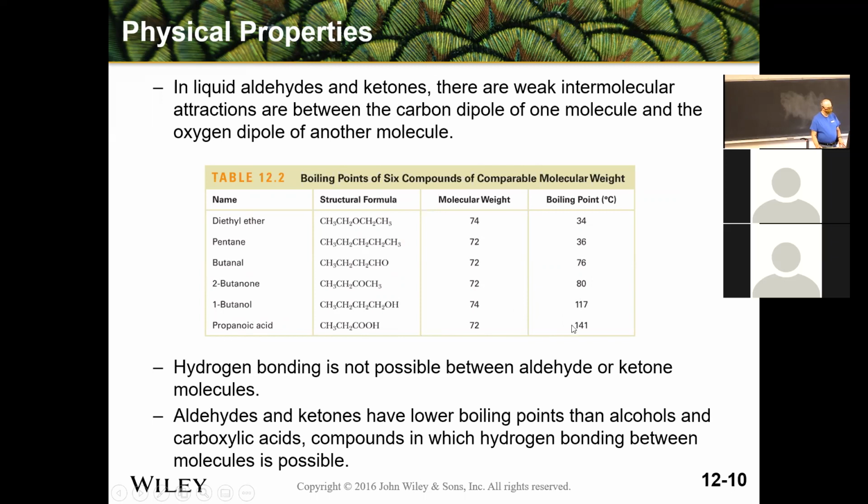For carboxylic acids, there's an even greater increase. You have more sites for hydrogen bonding with a carboxylic acid. But aldehydes and ketones have higher boiling points than alkanes or ethers of similar molecular weight.